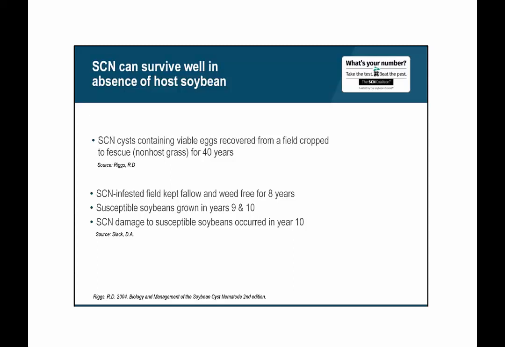You just plant straight corn. After 10 years, when you plant soybeans, there'll still be some soybean cyst nematode. So getting rid of this nematode is virtually an impossibility. So what we can do very successfully is manage it so that you can still get profitable yields.